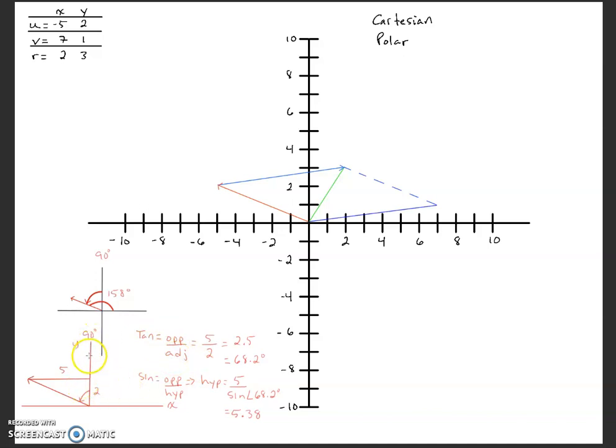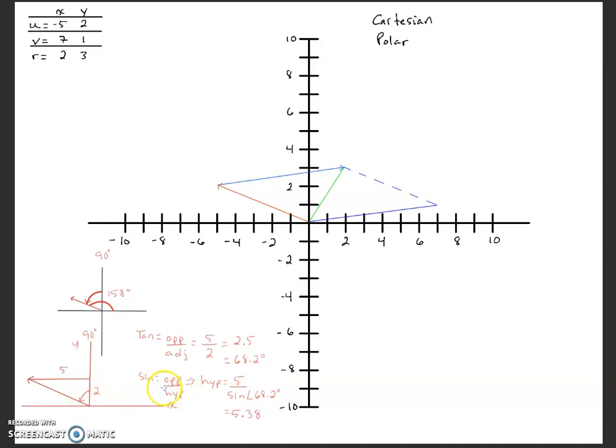In this case, we have 90 degrees right here, and this is the x-axis at 0, and we have our vector, indicated by the arrow. So from 90 degrees, this has rotated 68 degrees. Because of this angle, this is now the opposite, which makes 2 the adjacent. So 5 over 2 gives us 2.5. The inverse tan gives us 68.2 degrees. So we know now this angle is 68.2 degrees.